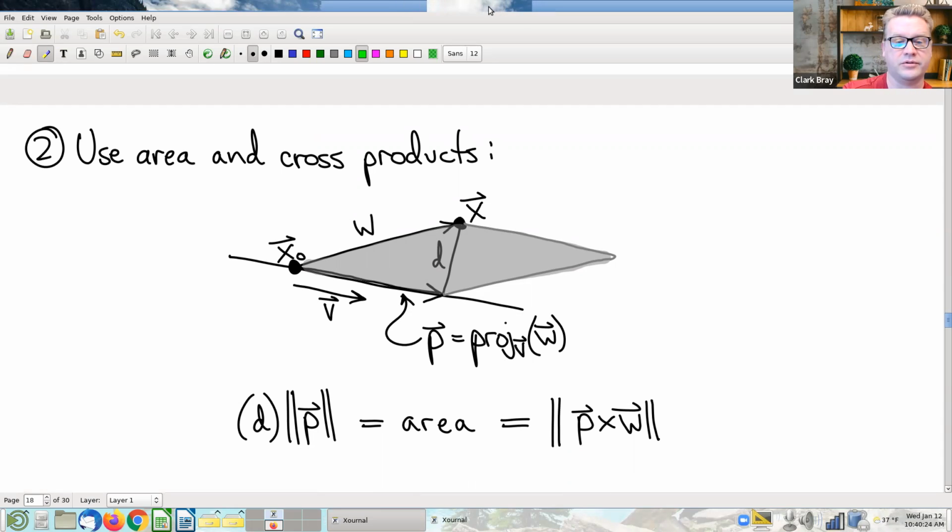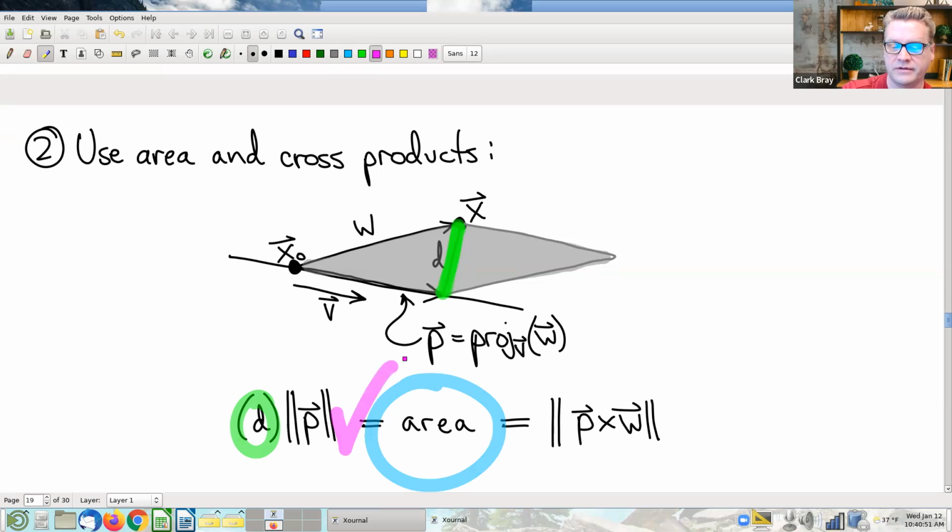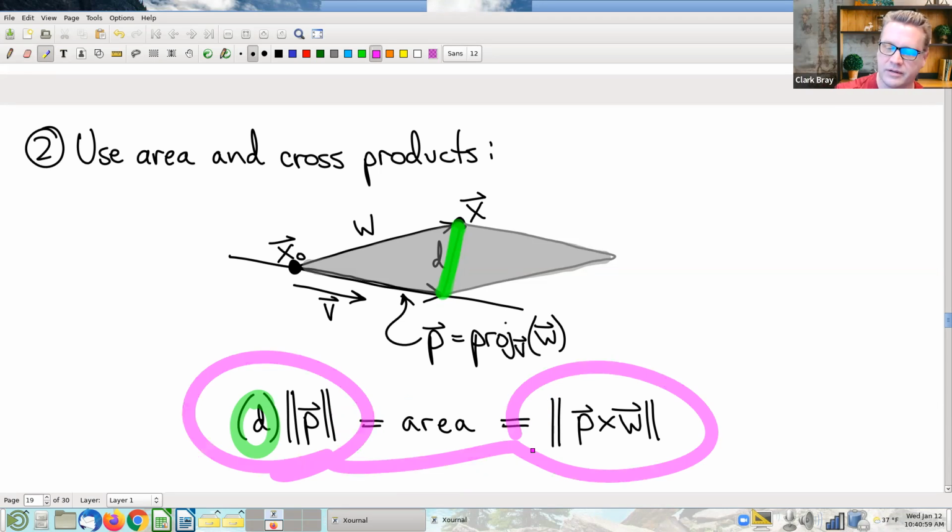And that is to observe that this distance relates to a quantity that I can compute in two different ways. And this construction of taking some quantity and computing it two different ways, and then therefore equating the two different formulas that you got, it's a really neat little math trick.